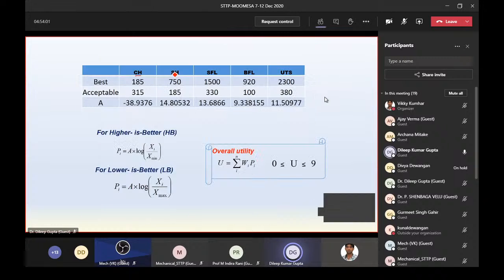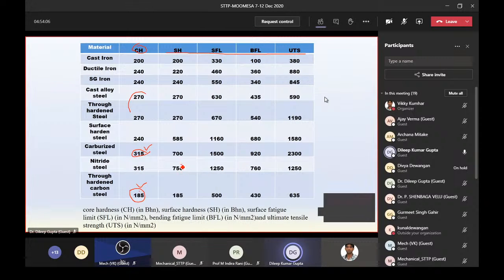Coming to the second criterion, that is surface hardness. In a similar way, the maximum is the better condition. So 750 is the maximum value and will be considered as the best value for surface hardness, and 185 is the minimum, the worst value, which will be considered as the just acceptable value. Similarly, for SFL you get 1500 as the maximum, the best value, and 330 as the minimum, the worst value, considered as the just acceptable value.